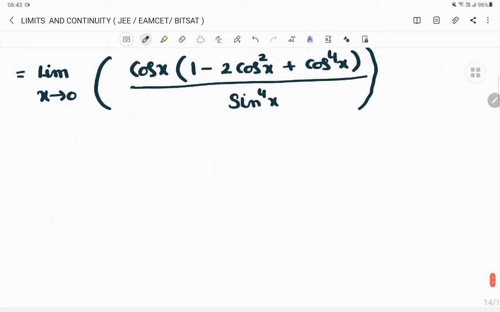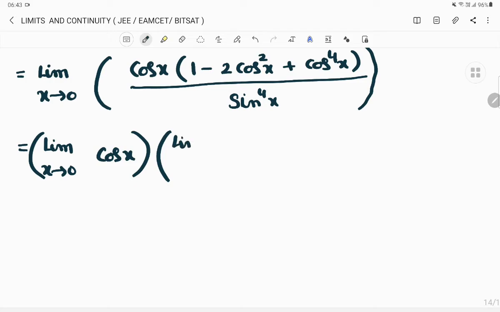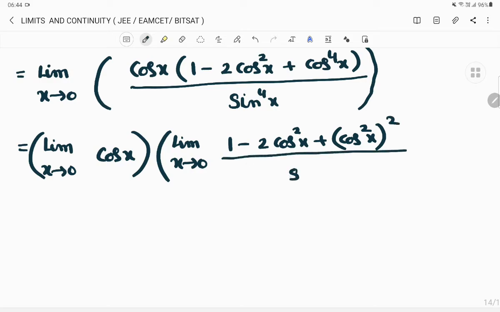In the next step, limit as x tends to 0, cos x we separately make into a product of two limits. Limit as x tends to 0 of 1 minus 2 cos square x plus cos power 4x, which can be written as cos square x whole square, divided by sine power 4x. We know that the limit as x tends to 0 of cos x value is 1.